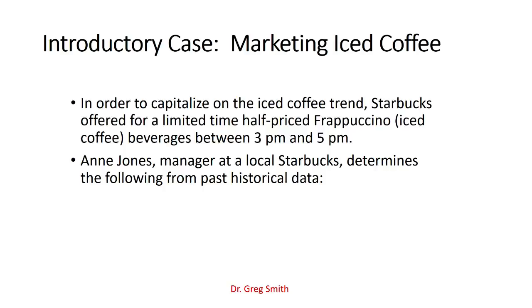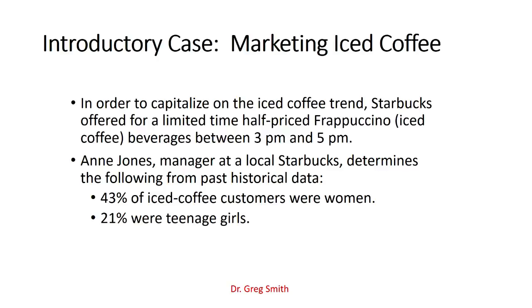So let's go back to Starbucks. We had this example before. They're looking to capitalize on an iced coffee trend, and so they're offering a limited time half-price Frappuccino between 3 and 5 p.m. A certain manager of Starbucks determines that from past historical data, 43% of iced coffee drinkers are women, so the other 57% are not women. 21% were teenage girls, not of the 43% of women, but separate in its own collection, and 79% were not teenage girls.